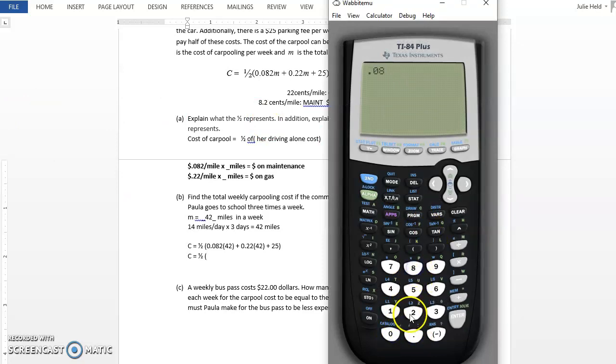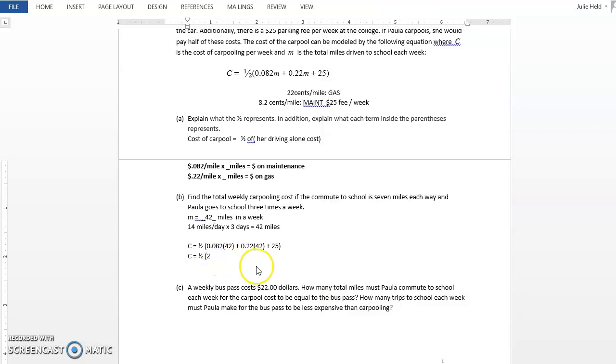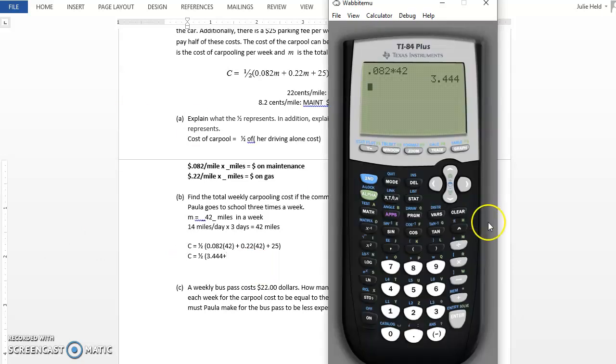So I'm going to do 0.082 times 42, and that's 3.444. And I'm going to add on the price of gas for the week. That's 42 times 0.22. That's $9.24.